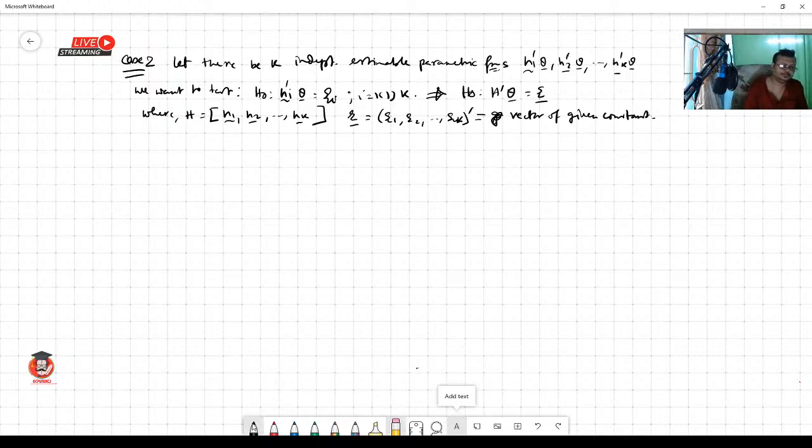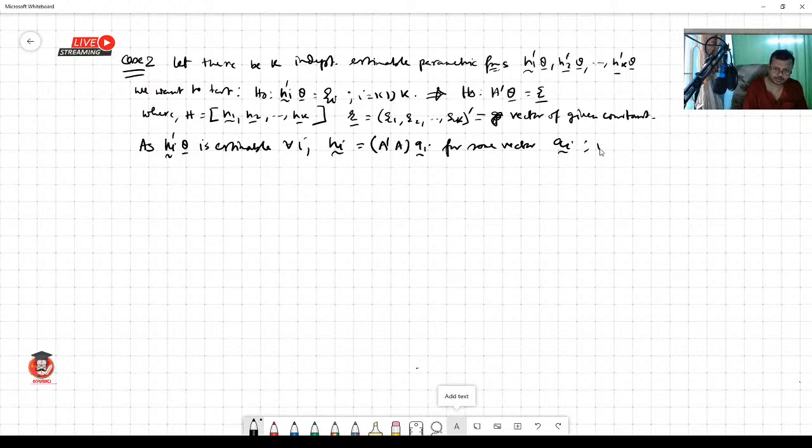As hi curl prime theta curl is estimable for all i, then we know hi curl equals a prime a qi curl for some vector qi curl, i from 1 to k.